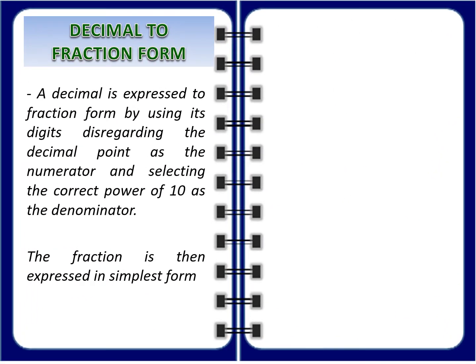Now, let's convert a decimal to fraction form. A decimal is expressed in fraction form by using its digits, disregarding the decimal point, as the numerator, and selecting the correct power of 10 as the denominator. The fraction is then expressed in simplest form. For example, express 0.8 in fraction form.